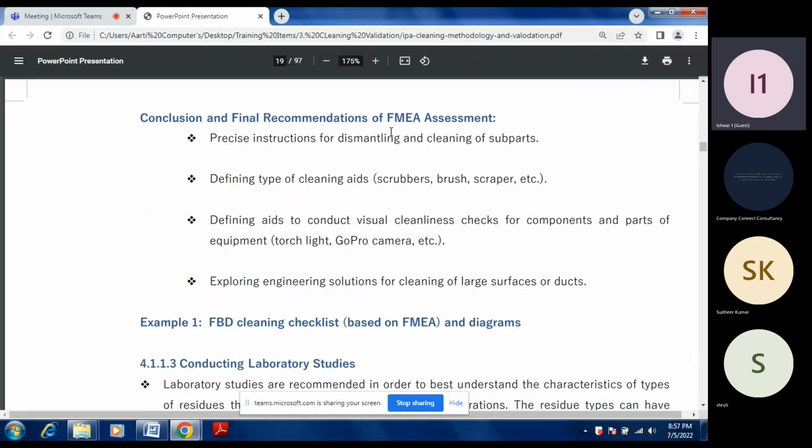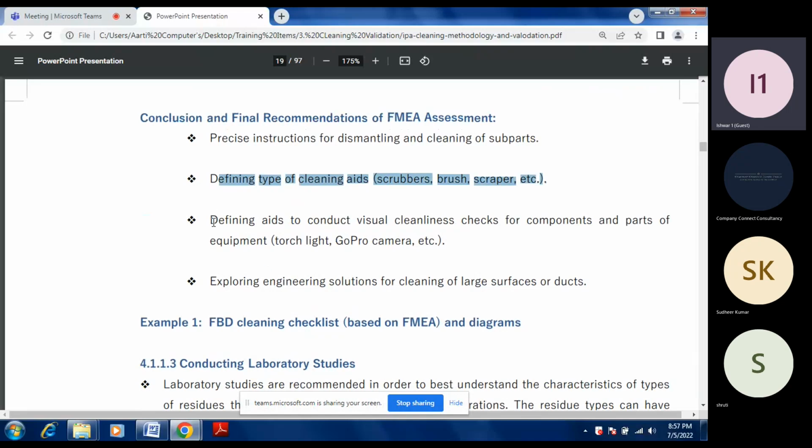So, the conclusion and final recommendation of the failure mode effects analysis, as I told you, we can conclude based on all the assessments. Then, precise instructions for dismantling and cleaning subparts. Define the type of cleaning aids, such as scrubber and scrubber brush.